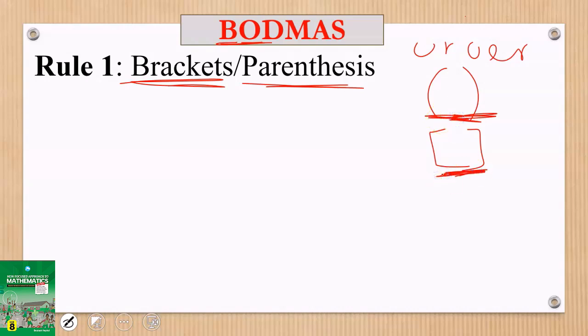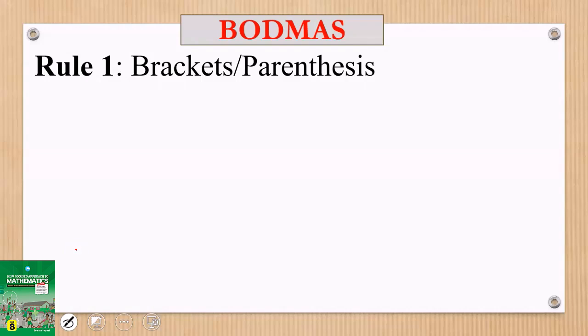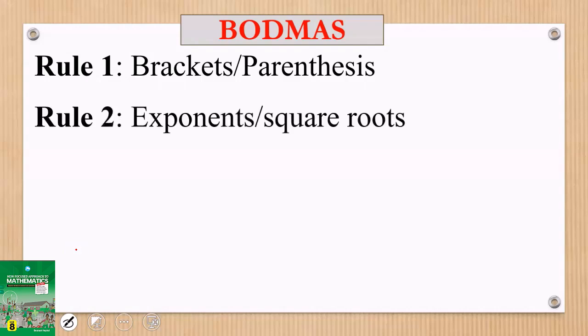So anytime we have a question like maybe 4 plus 3, or let's say 3 times 2, then we do the bracket first before we take any other action. So always bracket first. Then rule number 2, we deal with the exponent, which is the order.